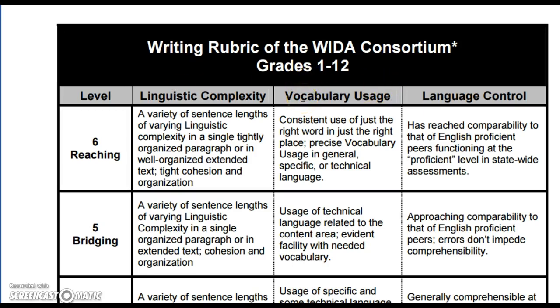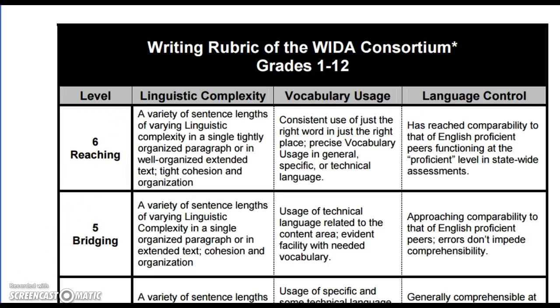Vocabulary is the level, frequency, and specificity of the vocabulary that students are using, and language control is the ability for students to express their ideas. In the linguistic complexity category, it is important to note that for the writing rubric, this category also includes how well students are able to organize and make their writing a cohesive whole.